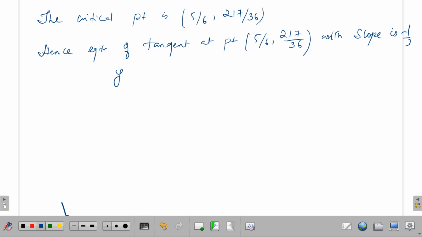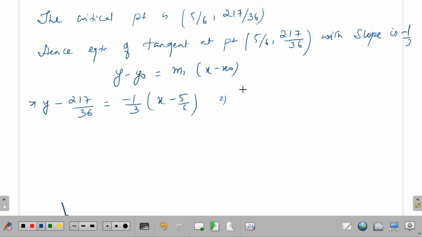So I got here y minus y naught is equal to m1 times x minus x naught. So that will be y minus 217 by 36 is equal to -1 by 3 times x minus 5 by 6. So I'll get 36y minus 217 divided by 36 is equal to minus 6x minus 5 divided by 18. If I cancel, 18 goes into 36.